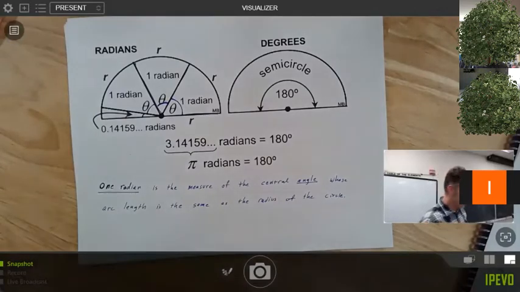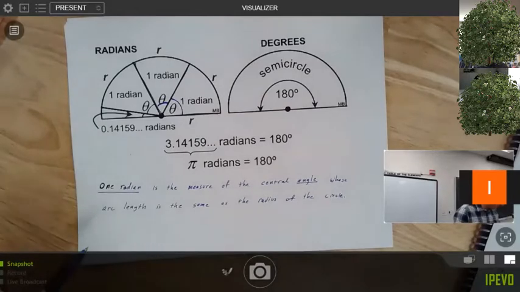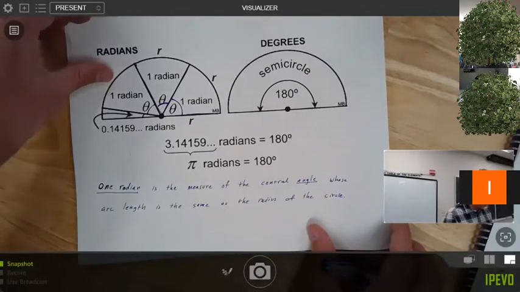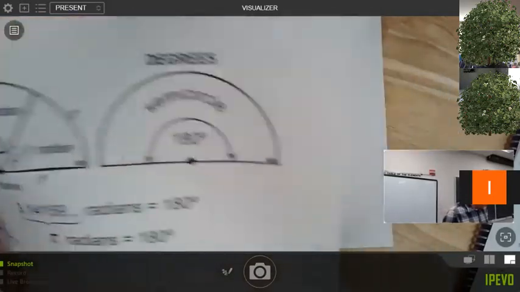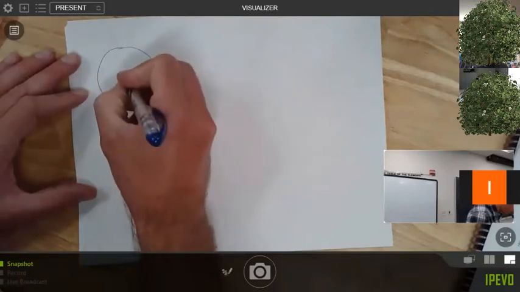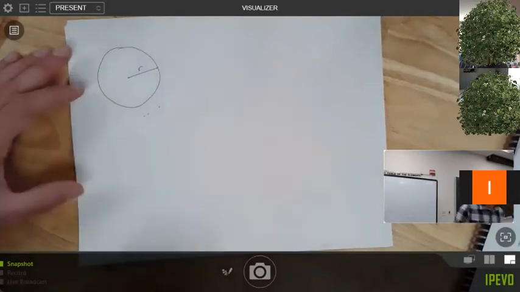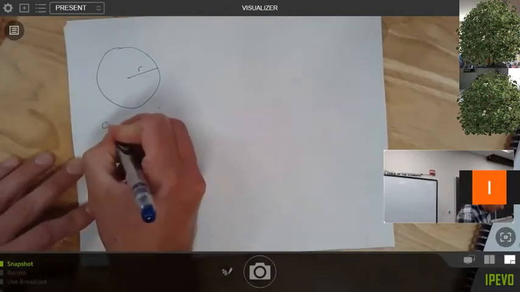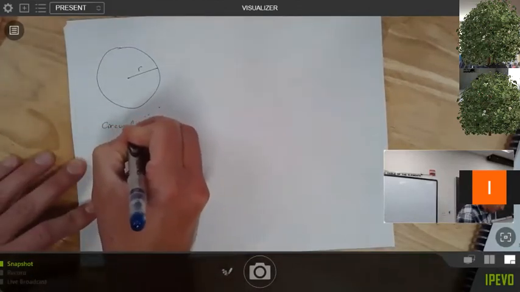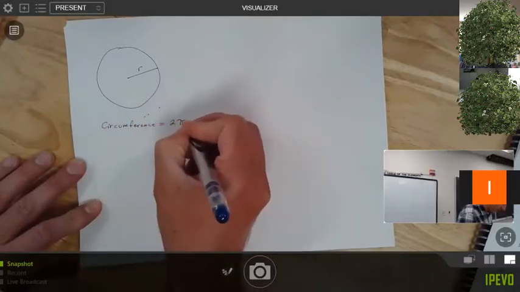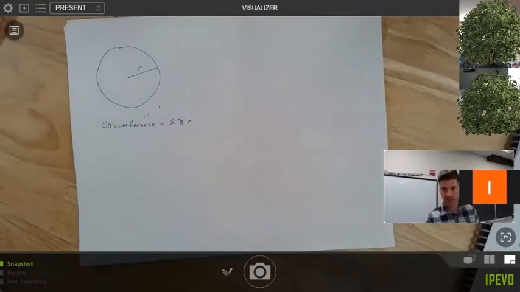Here's how I really think about it. I'll come back to this picture in a second. What I really think about is that for a circle with a radius of r, the circumference is equal to 2 pi times the radius.